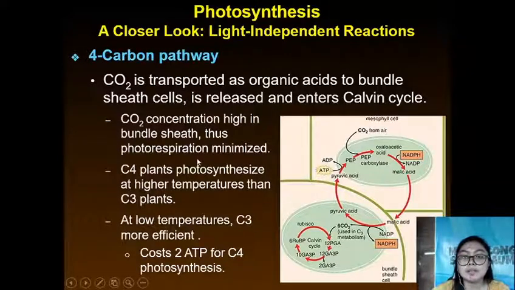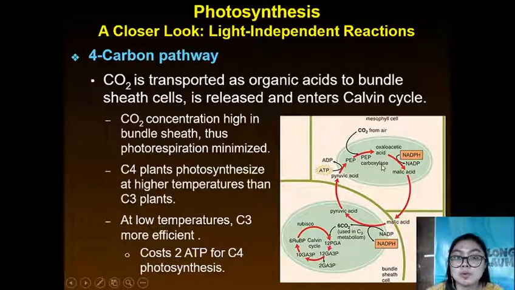Carbon dioxide concentration is high in the bundle sheath, thus photorespiration is minimized.